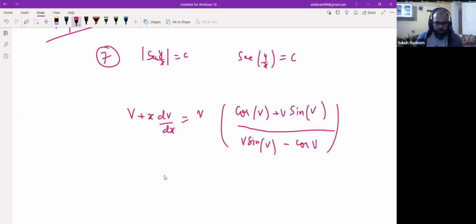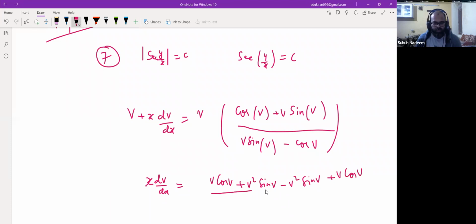So this is what we are getting now. x dv by dx is equal to v cos v plus v square sin v minus v square sin v. It will cancel, and then plus v cos v will get by v sin v minus cos v.